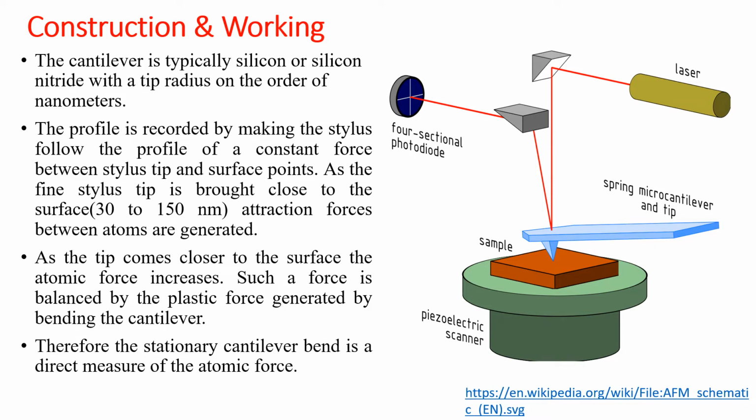The force present in the tip is kept constant and the scanning is done. As the scanning continues, the tip will have vertical movements depending upon the topography of the sample, and the laser beam is used to keep a record of the vertical movement of the needle.